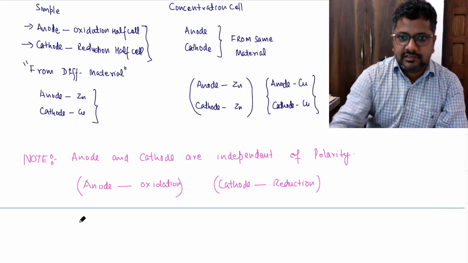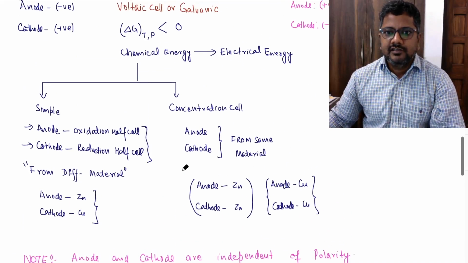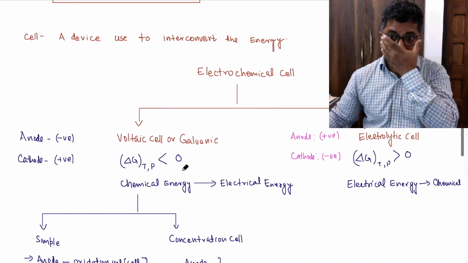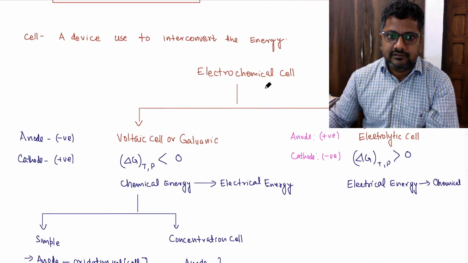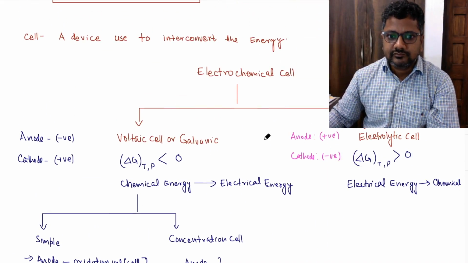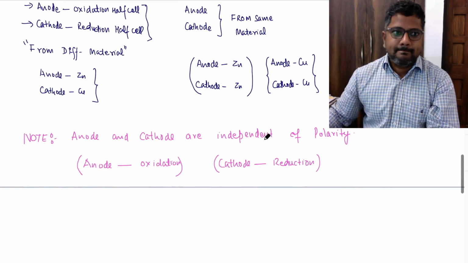So this is the simple classification of electrochemical cells. Now it is clear? Okay.